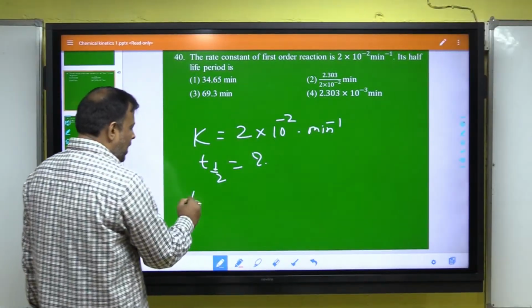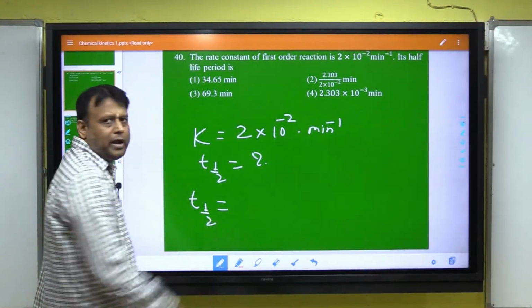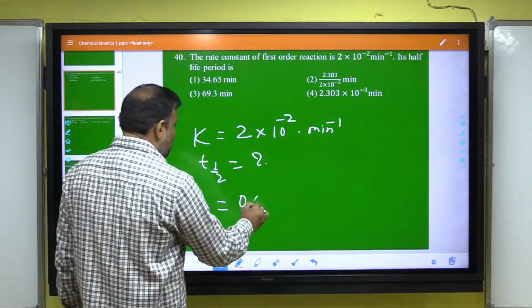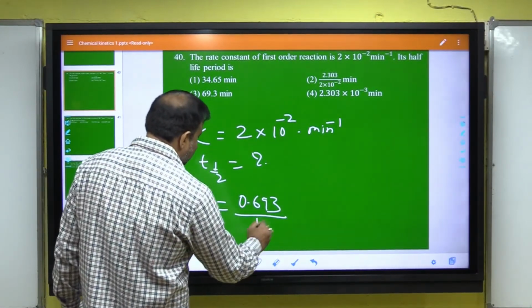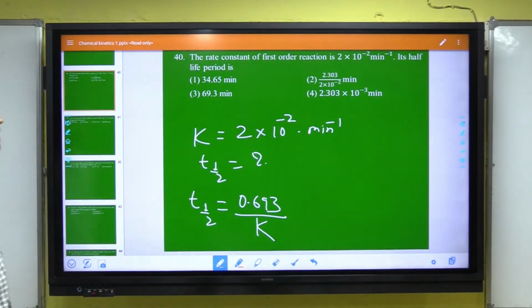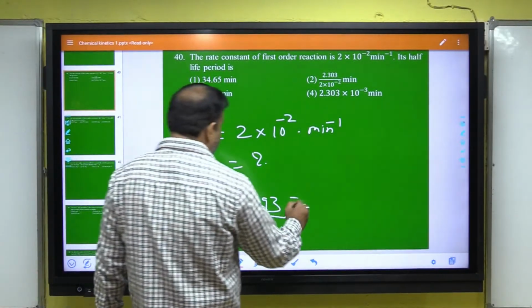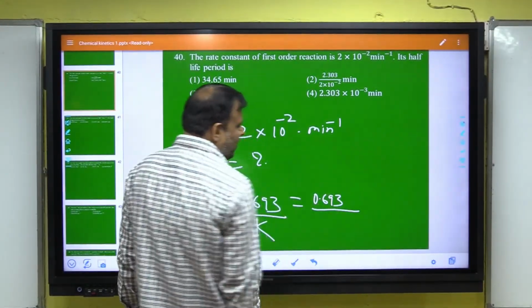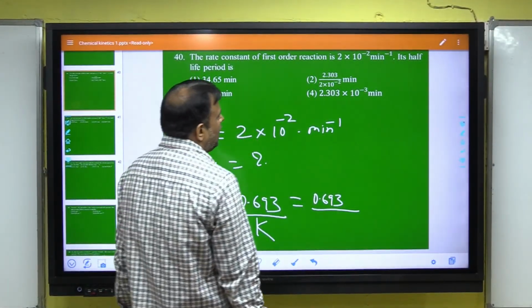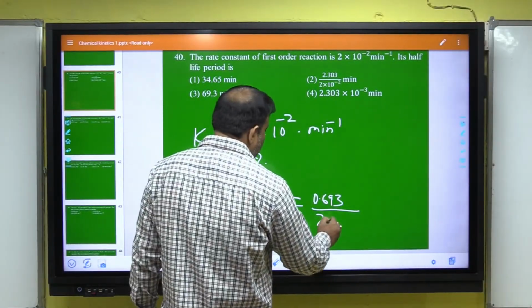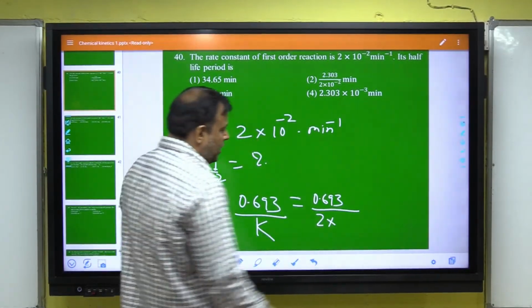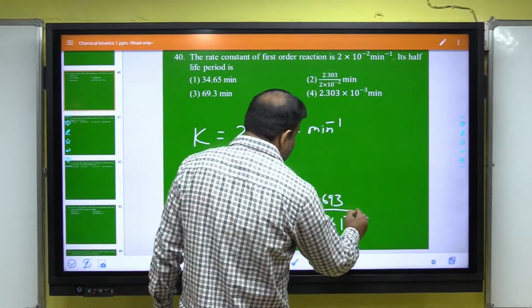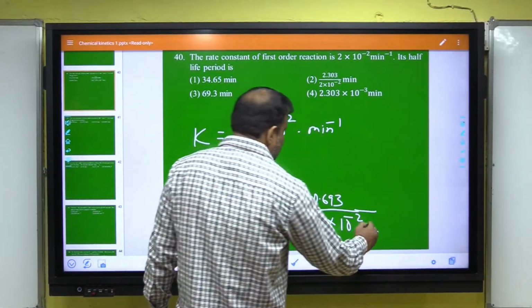We know that T half of first order is 0.693 by K. And K is already given. 0.693 dividing by K, and K is 2 into 10 to the power -2 minute inverse.